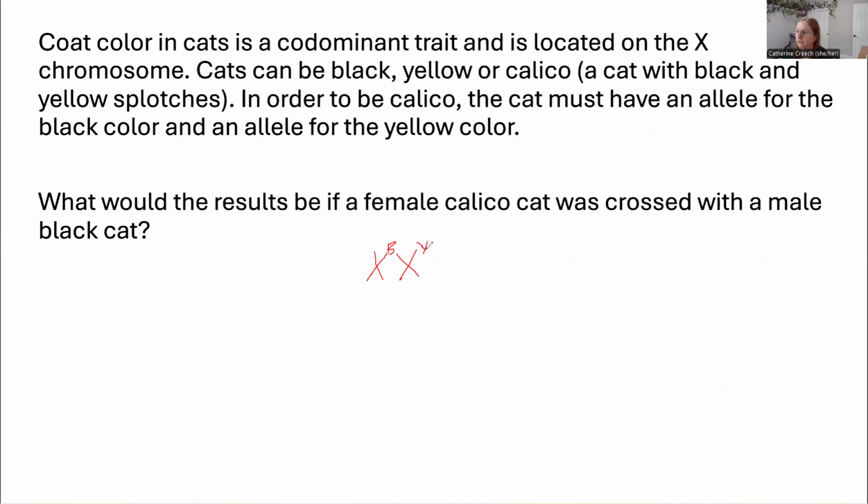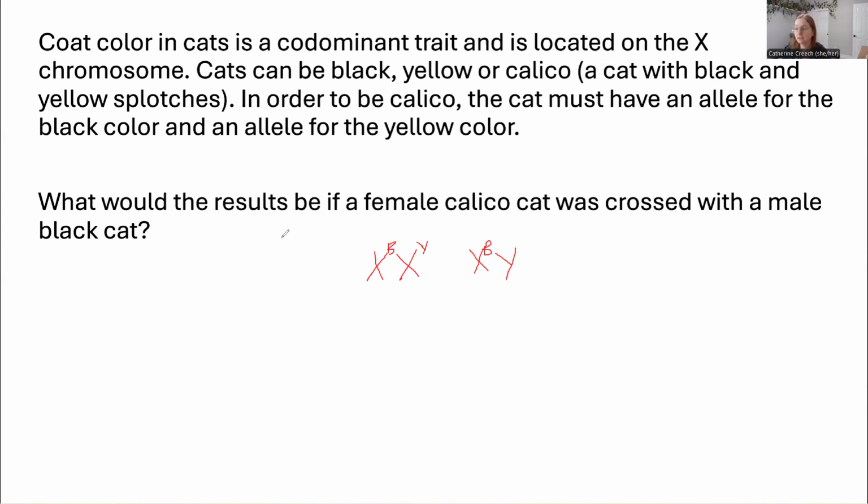That's going to give us the calico pattern. She's going to have kittens with a male black cat, like my Parker. He's going to have the allele for black fur and then a Y because he is male.